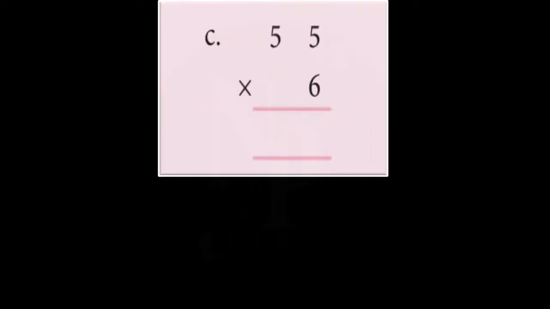Next, C. 55 into 6. 6 5s are 30. So we write 0 in one's place and 3 is carried forward to tens place. Again 6 5s are 30. 30 plus 3 is 33. So 330 is the product of 55 and 6.